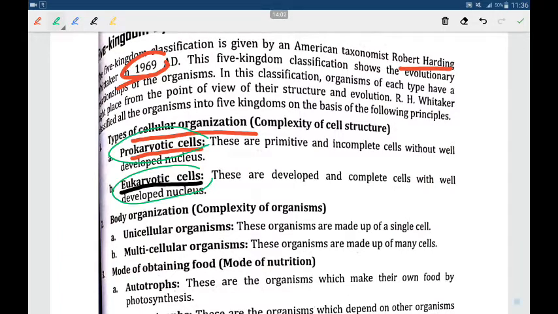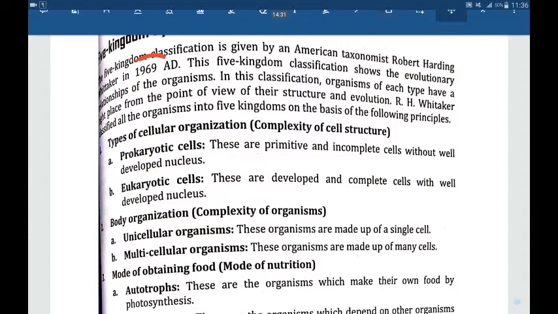Actually, these cells are categorized by nucleus. If the nucleus is incomplete or primitive, poorly developed, it is prokaryotic. If the nucleus is complete and developed, it is called eukaryotic cell. Bacteria contain prokaryotic cells. Human beings contain eukaryotic cells.